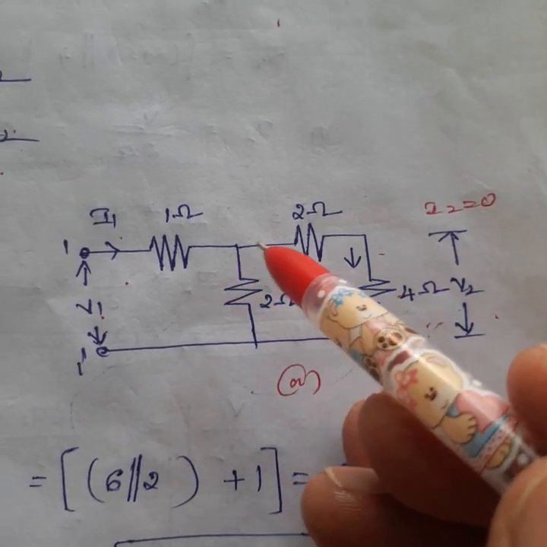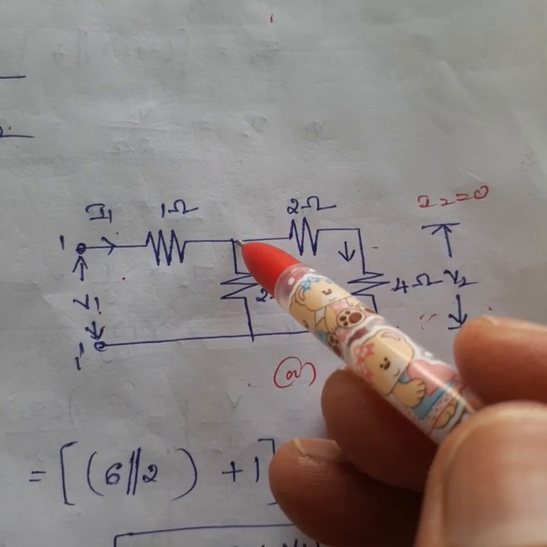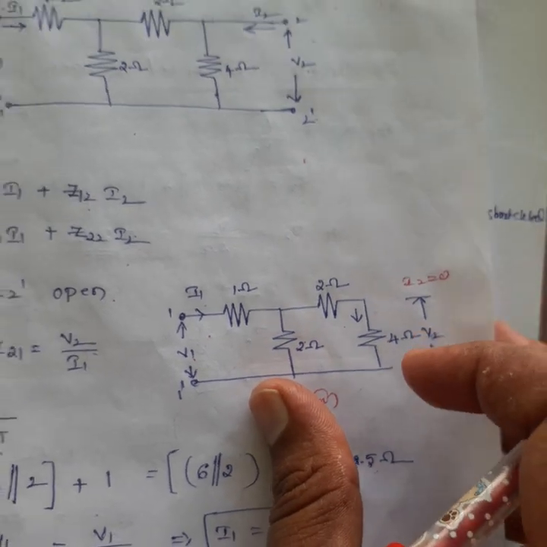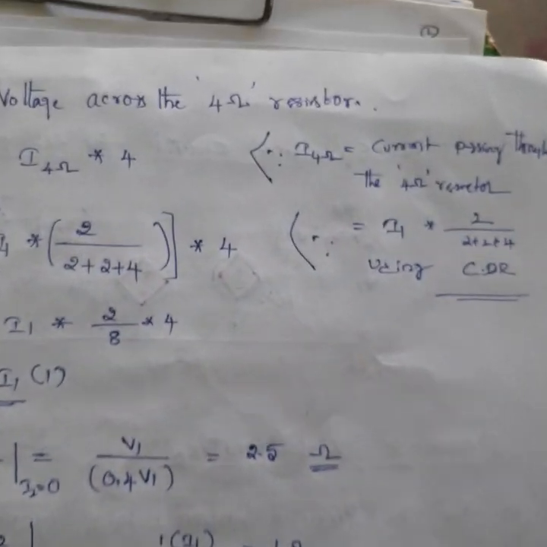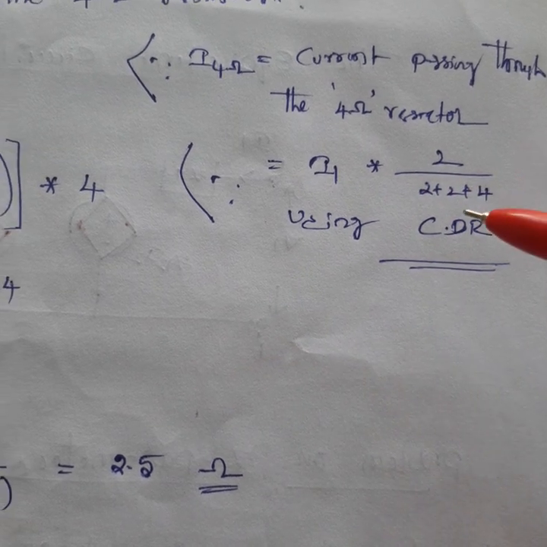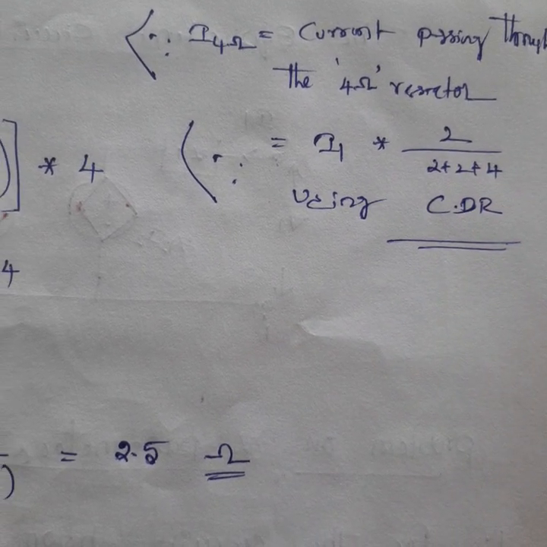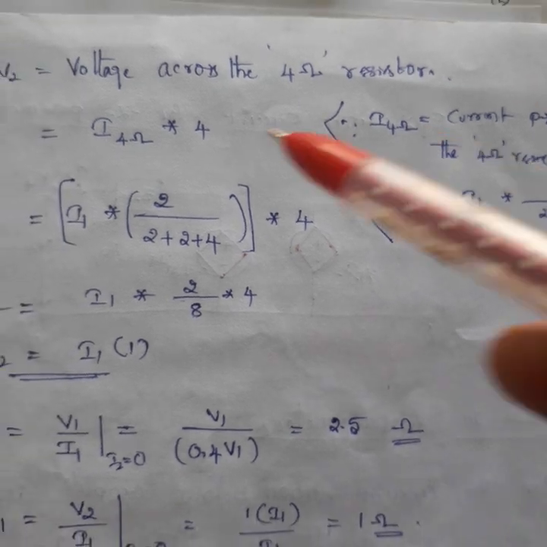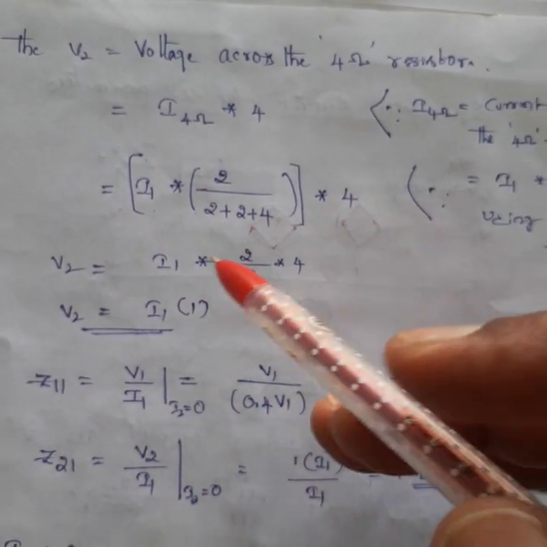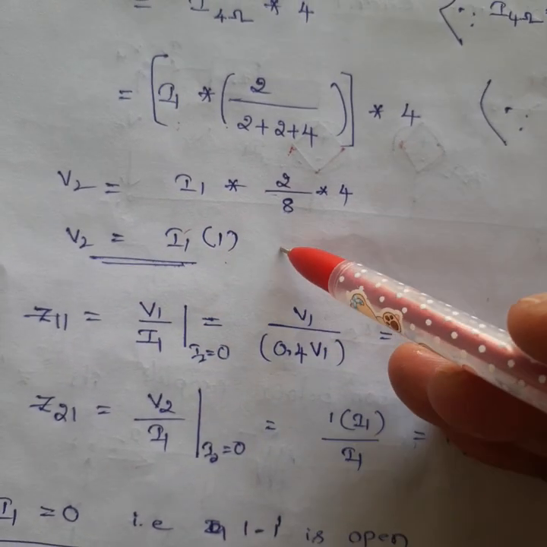The total current entering the node, into the opposite resistance 2, by the sum of the resistances. So I4 equals I1 into 2 by 2 plus 2 plus 4. Then voltage V2 equals I1 into 2 by 8 into 4, that is V2 equals I1 into 1.